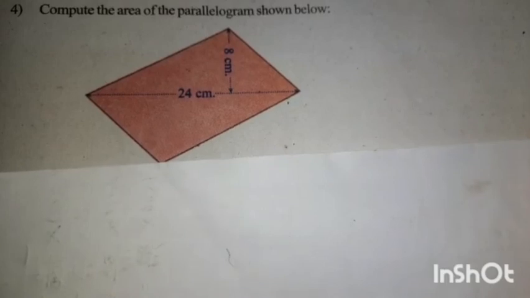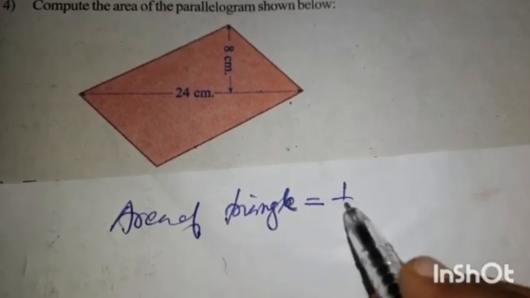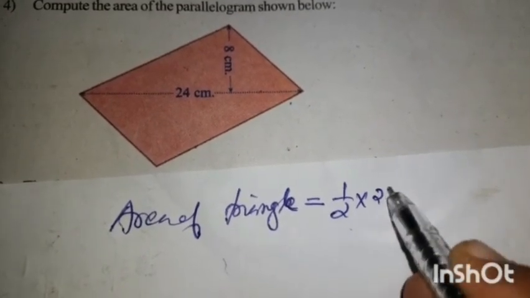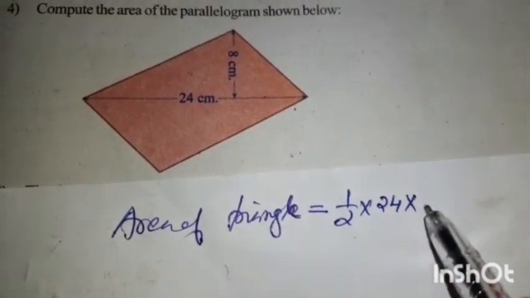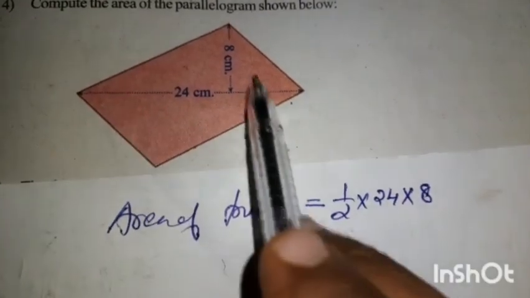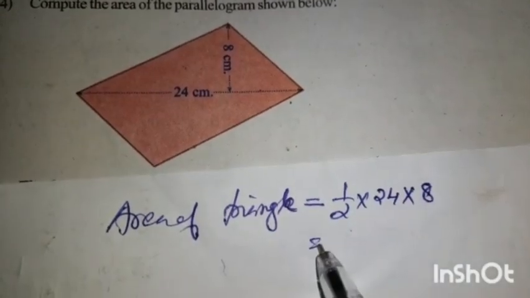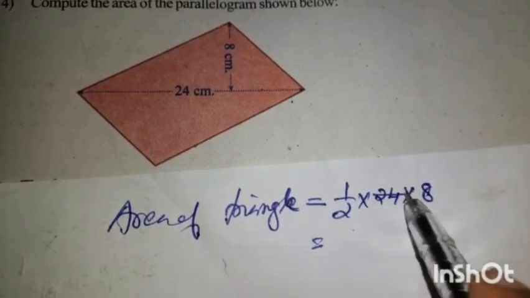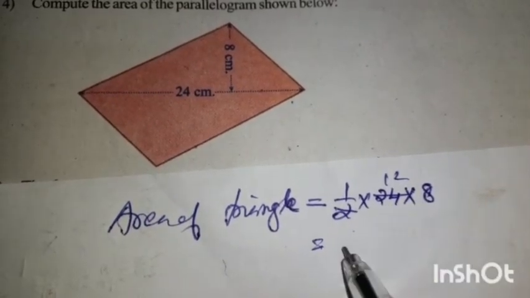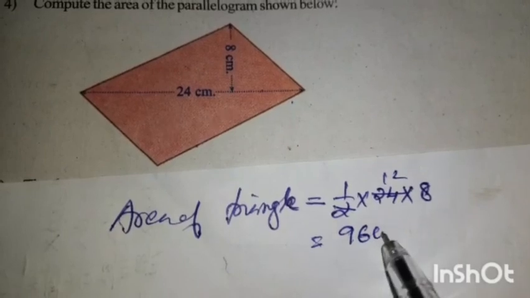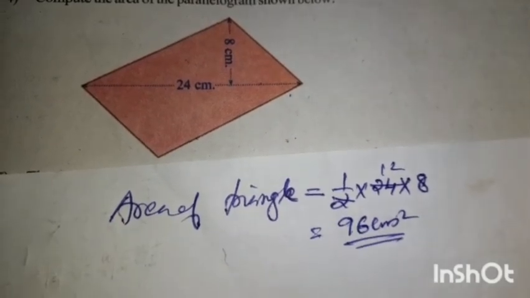Okay, diagonal is 24 centimeter and the height given is 8 centimeter. So the area of triangle is equal to half into 24 into 8, base length and height. 12 8s are 96 square centimeter.